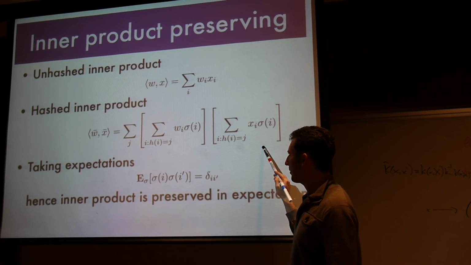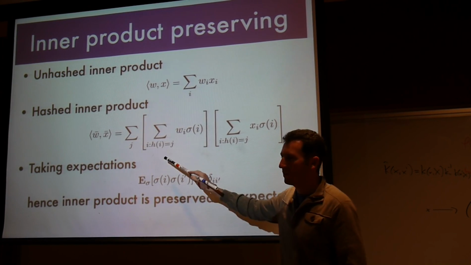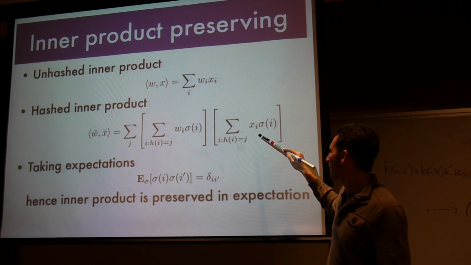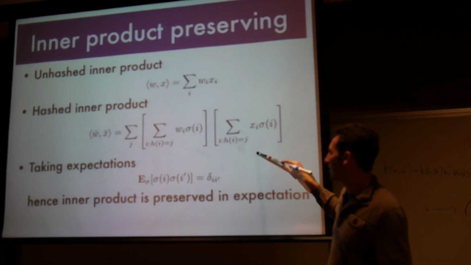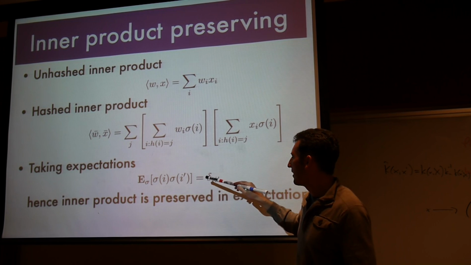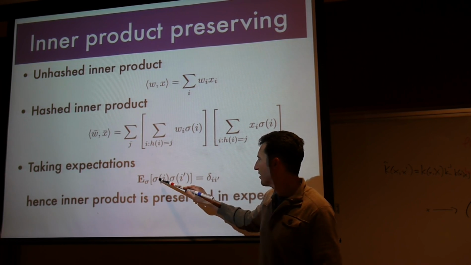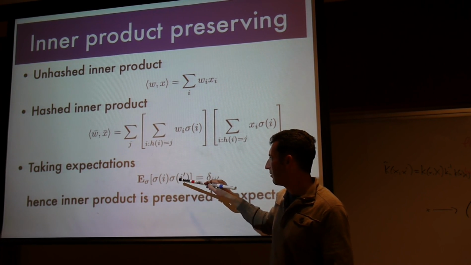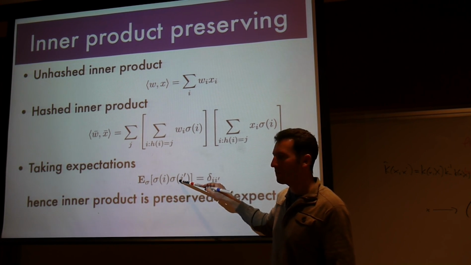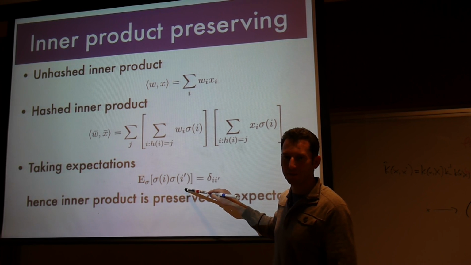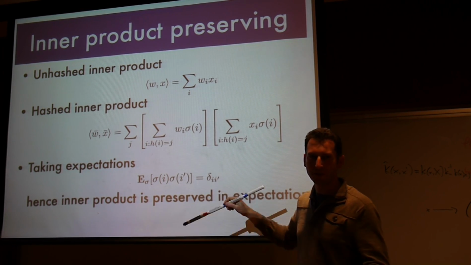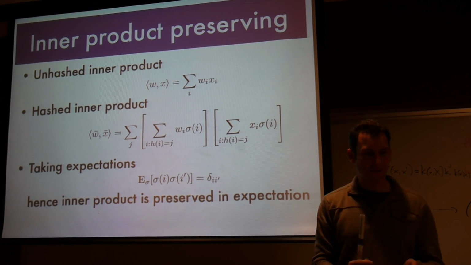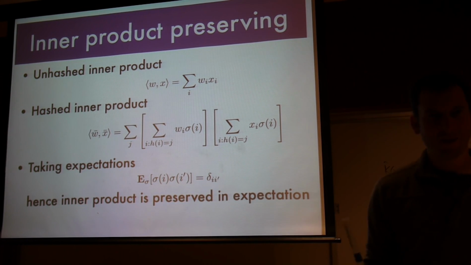Now, if I take an expectation over all those hash functions, we can immediately see that, since this is a Rademacher hash, this is only going to be 1 if i equals i prime and 0 otherwise. Because if i is not equal to i prime, those binary signs are going to be uncorrelated.